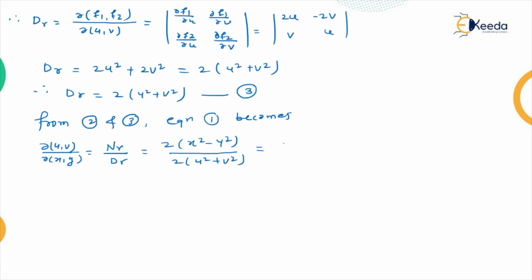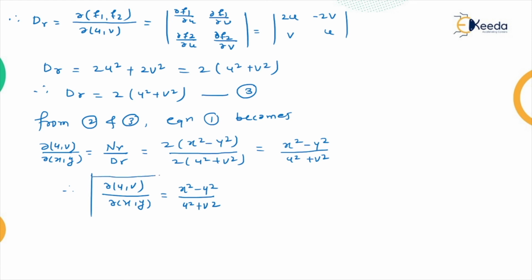The 2 gets cancelled, and we get x square minus y square divided by u square plus v square. This is the final step: del u, v upon del x, y is equal to x square minus y square upon u square plus v square. I hope you understand this very well. So this is the proof.